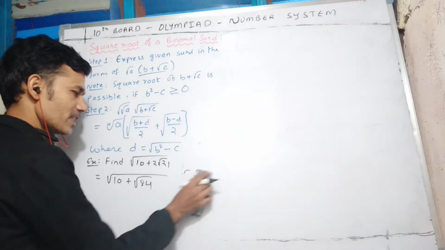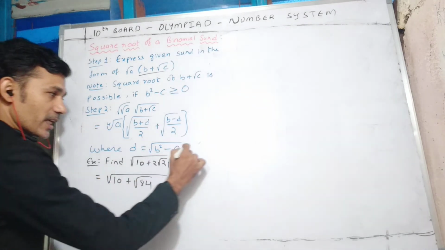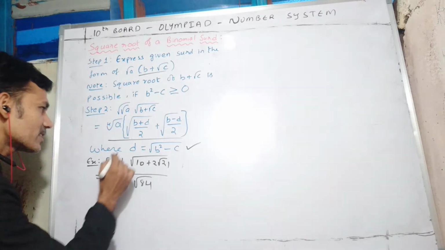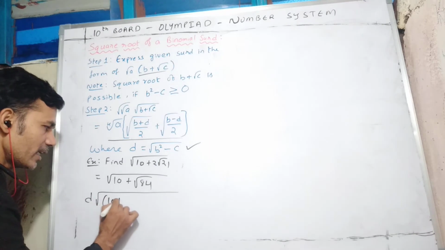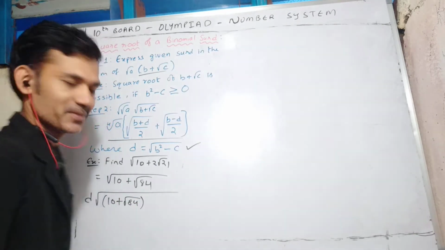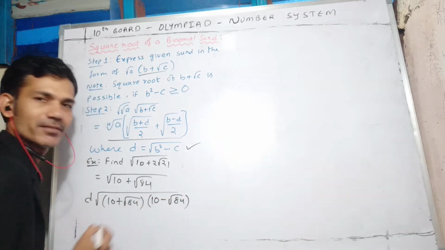If b plus root c is there, then how can we find the square root? We have to calculate d. Then you can use this formula. First d, how will you calculate? We will multiply it with its rationalizing factor. What is the rationalizing factor? 10 minus root 84.